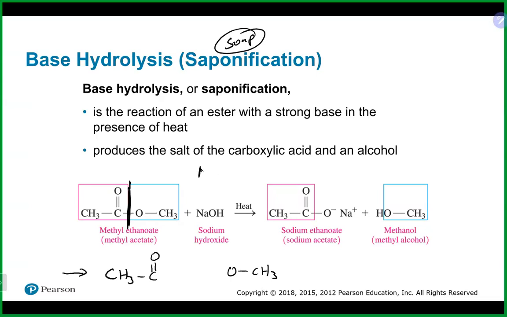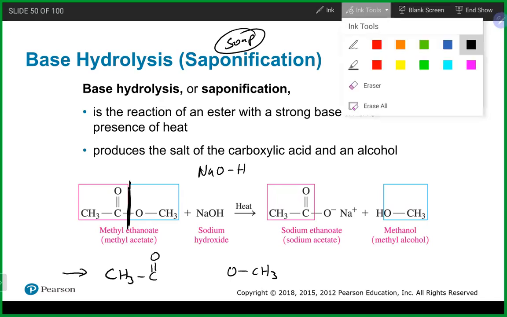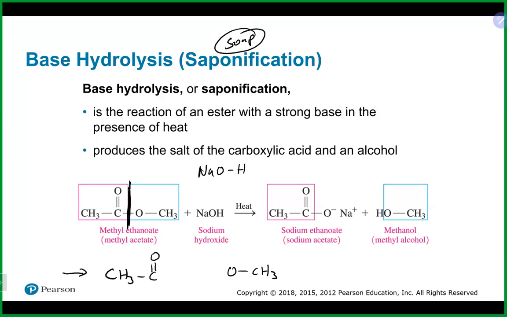And now when we think about what we have to do in this case, we have basically Na, O, and H. So if we just kind of keep track of stuff, the one thing that we will get back in this case for sure is the alcohol. So the alcohol will be made back just like we had it. So that's going to, from our sodium hydroxide, frankly use up our H there.